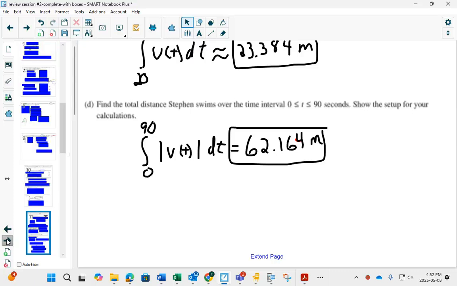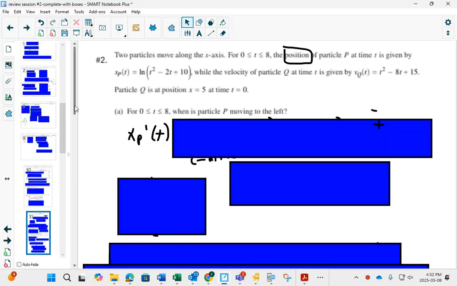Okay. Example 2. 2 particles move along the x-axis. From 0 to 8, the position is given for particle P by this function xp of t. And particle Q, they give you the velocity of particle Q by vq of t.